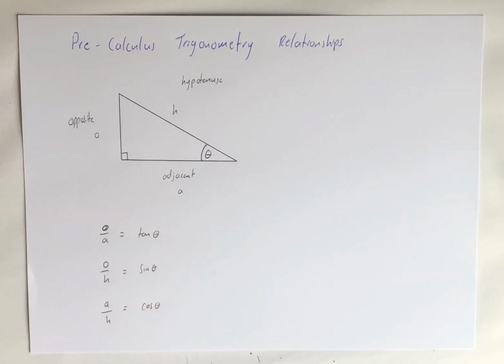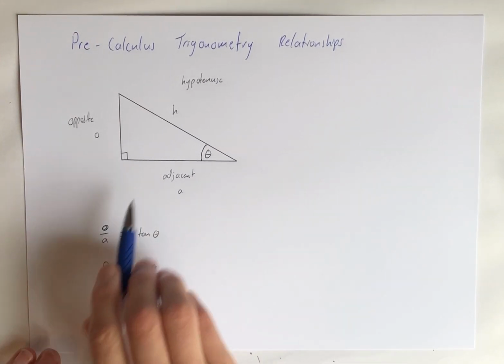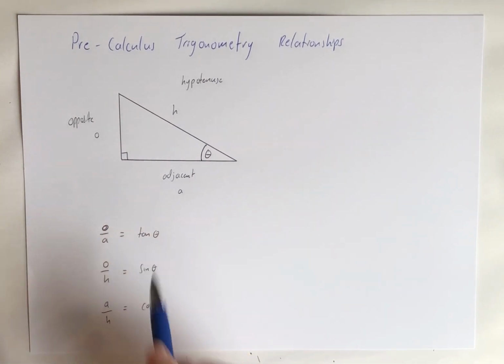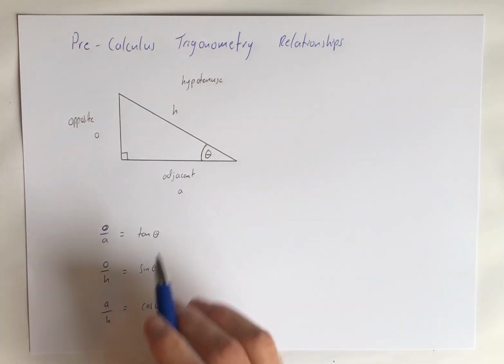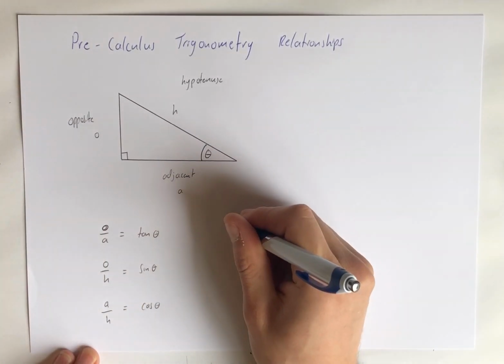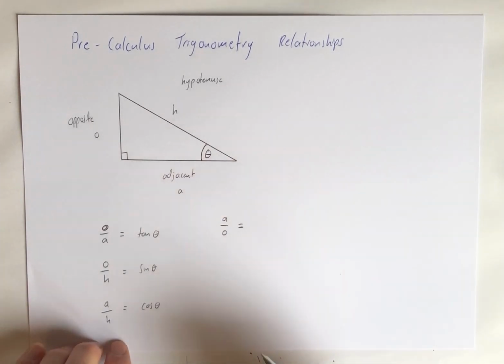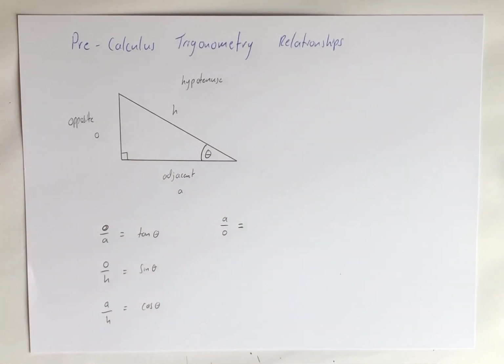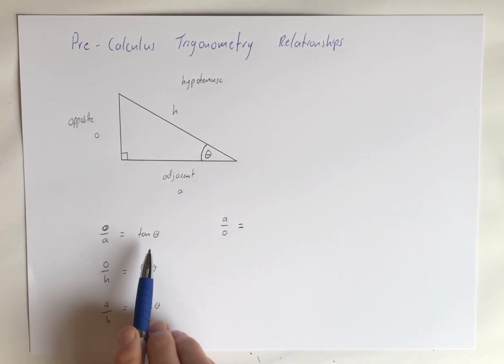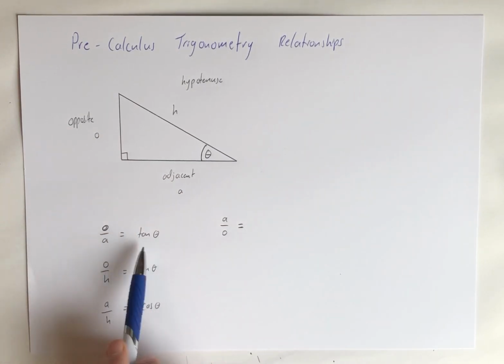What I got you guys to do in class is write down all the possible ratios of sides. So obviously someone just came up with O over A, took that ratio and called it the tangent ratio. But what if we took A over O? Now you're probably thinking, well, that's just tan inverse. And well, no, it's not. Tan inverse is the inverse function of tan.